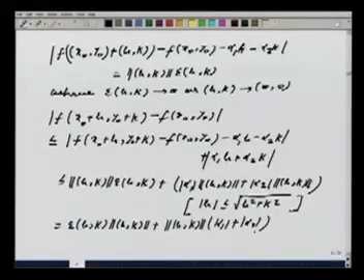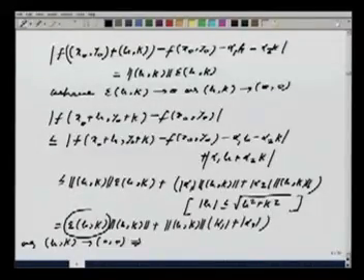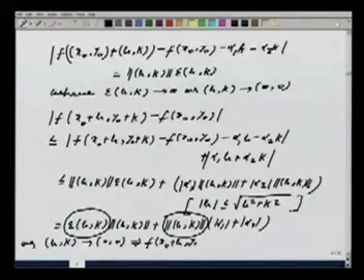Now as hk goes to 0, epsilon hk anyway goes to 0, norm hk goes to 0, the rest is a constant.